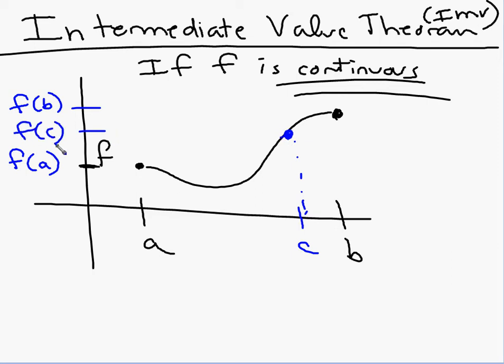It has to go through f of c to get to f of b. When the function leaves f of a, it travels along this line. If it is continuous and goes from f of a up to f of b, it has to go through f of c.